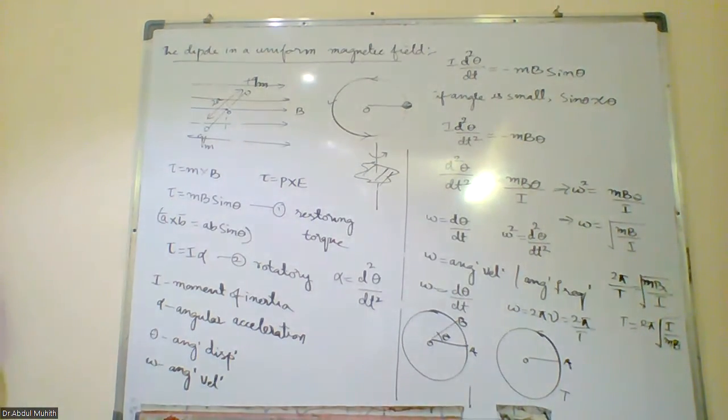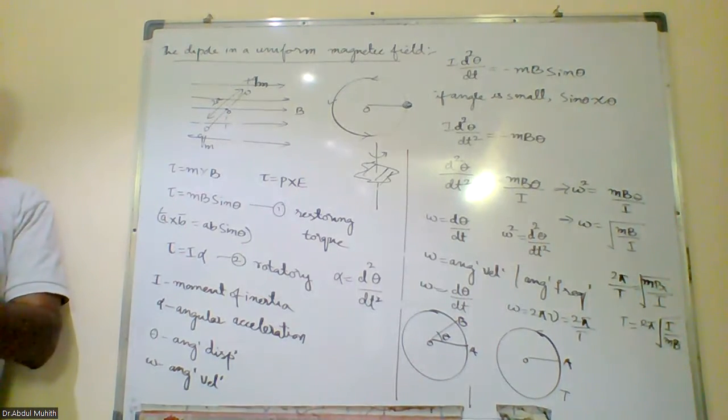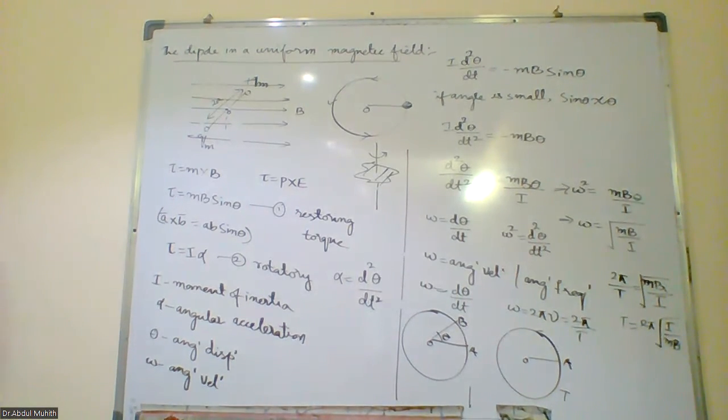It means it will start oscillating. Suppose we keep a magnetic needle, have you seen a magnetic compass anytime? If it is kept in the Earth's magnetic field, it starts oscillating. Have you seen that? It won't be stationary. It starts oscillating because Earth has a uniform magnetic field.